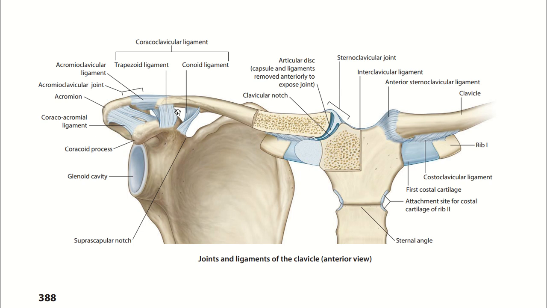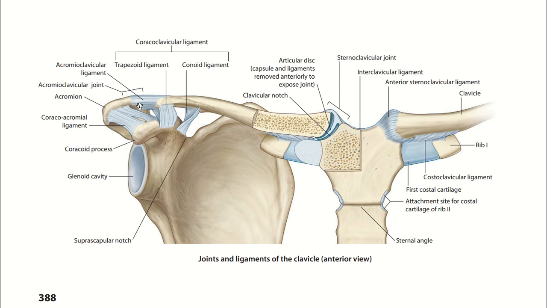It is made of two parts. You have your trapezoid ligament that is posterior and attaches to the trapezoid line, and then a conoid ligament that is a bit anterior to the trapezoid ligament, and together these ligaments form the accessory ligament of the acromioclavicular joint. Which means they are responsible for suspending the weight of the scapula and the upper limb from the clavicle.